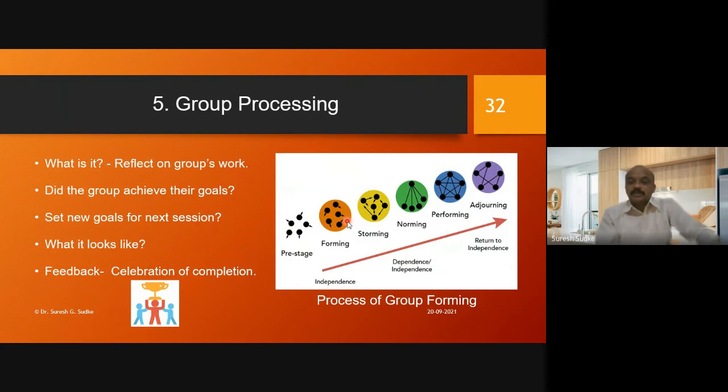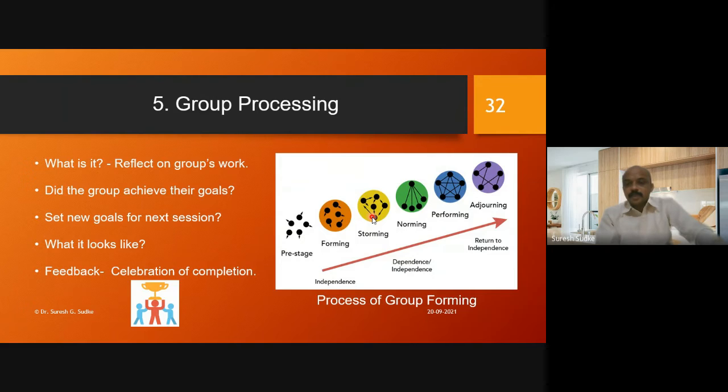But still, the conflict is there in everyone's mind. But due to the common goal, we come together in one class, for example. So initially, the storming between the thinking of one another takes place.